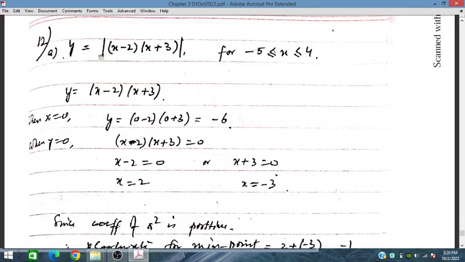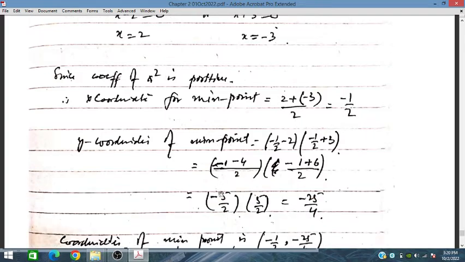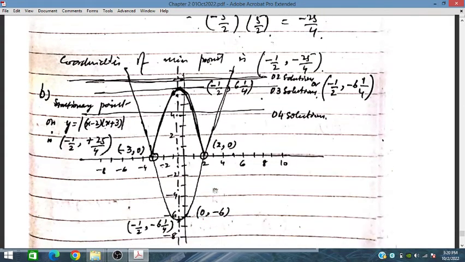For these conditions, we have 2 and -3, so we will have this shape. But for the modulus value, this will be reversed onto the positive side.